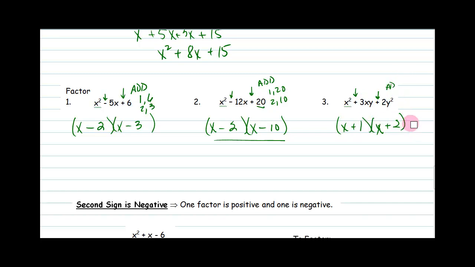But we are missing this last term right here. This y squared is going to break up into y and y. Just like x squared broke into x times x, y squared breaks into y and y. So you're almost doing two factorings back here. You're not only factoring the 2, but you factor the y. So there's my answer.